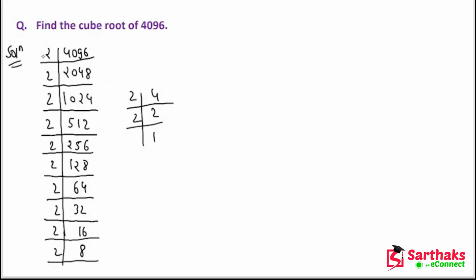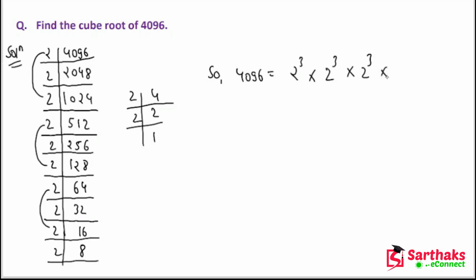So if we try to make triplets over here, it will be like this, and this will be a triplet. So we can write 4096 is equal to 2 cubed, that is these 3 factors, then 2 cubed, these 3 factors, then again a triplet, and finally this one will make another triplet, right?